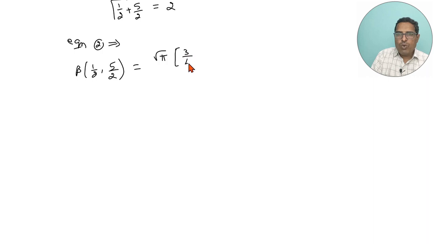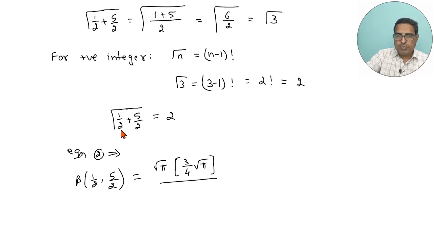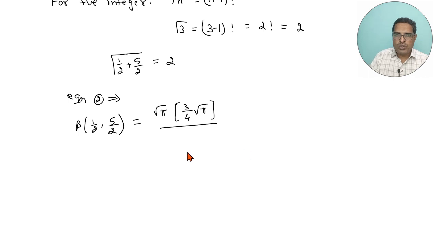So 3 by 4 root of pi, and the whole divided by the denominator value, gamma of half plus 5 by 2, which is 2. Further we can simplify this as 3 by 4 times 2 will be 8, root pi into root pi will be pi.